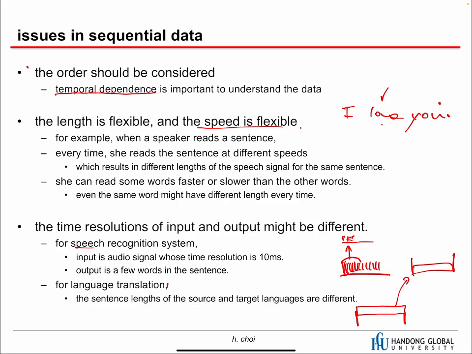Sometimes they would be the same accidentally, but most of the time they will be slightly different. So what I'm saying is that the input sequence is really flexible, the length is flexible, speed is flexible, and the relationship between the length of input and output could be different, so pretty much everything is flexible.